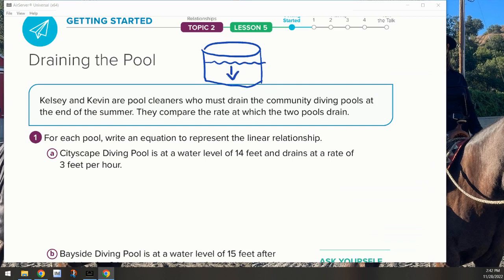So it's leaving it. There's no longer going to be water in it. So that means that the water level is going down. So my slope on this is going to be negative.